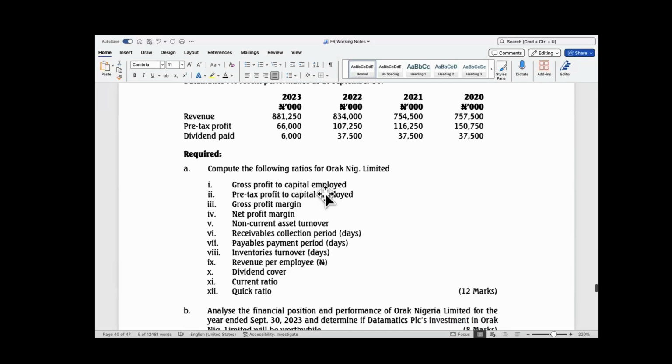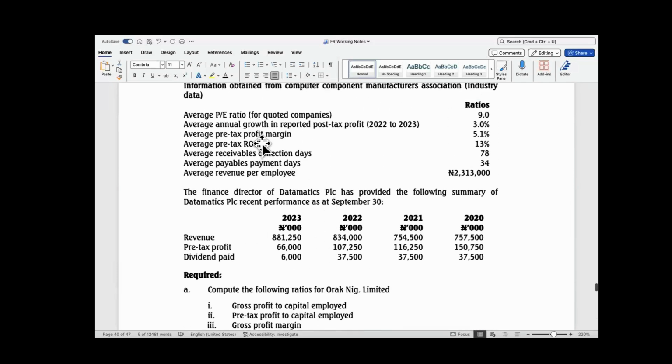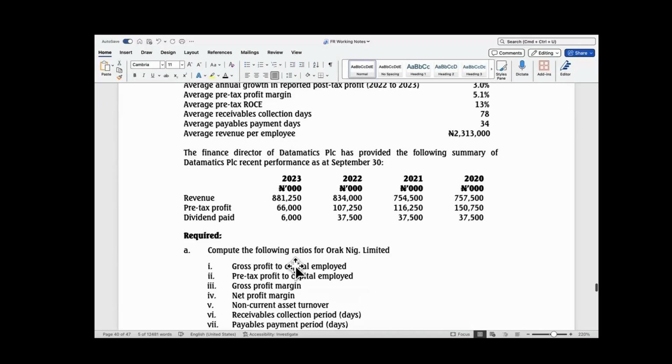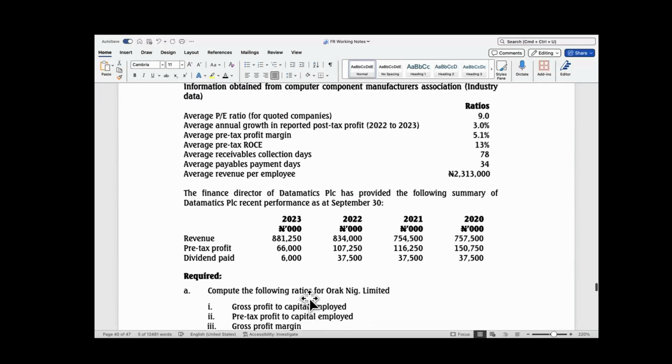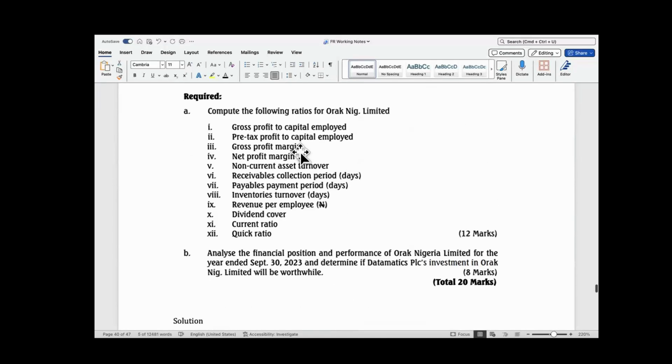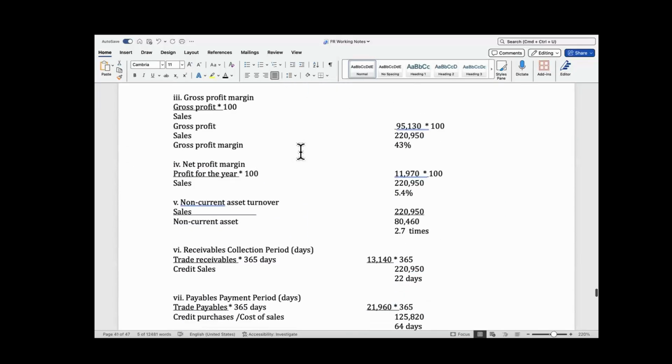So pre-tax profit to capital employed, I can compare that to industry average. And I have net profit margin, which I can compare to the industry pre-tax profit margin. So let me do the comparison.